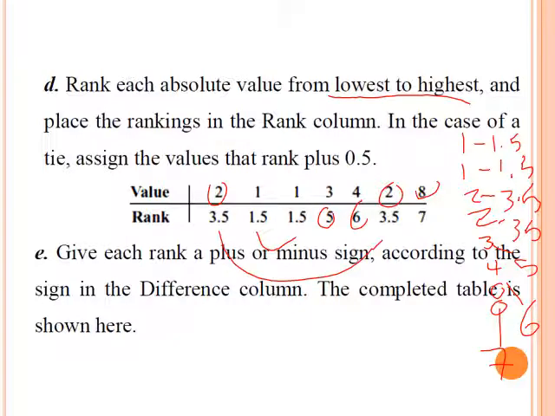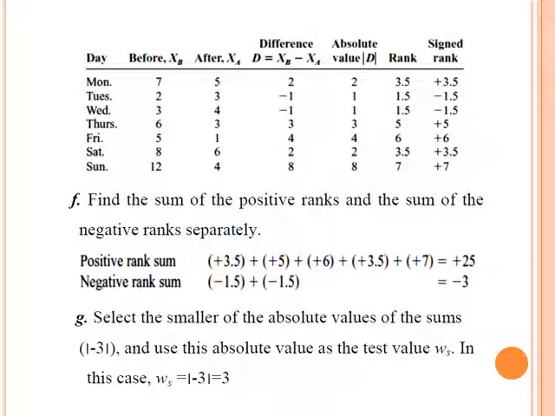Step E: give each rank a plus or minus sign according to the sign in the difference column. This means that we will go again to the first column and see what the sign of the difference is, and take the rank of each one according to the difference column to complete the table like this.